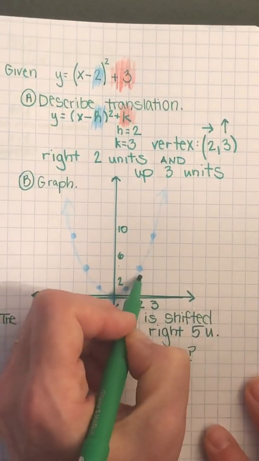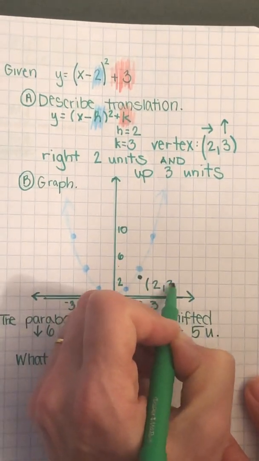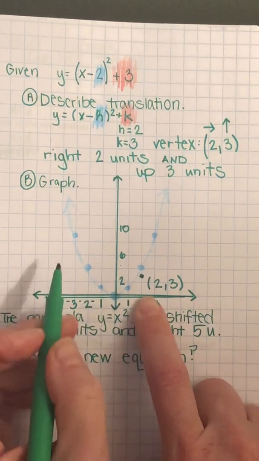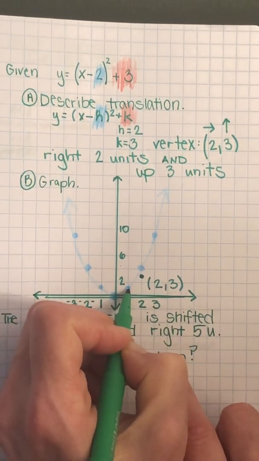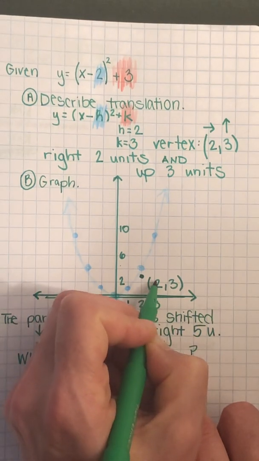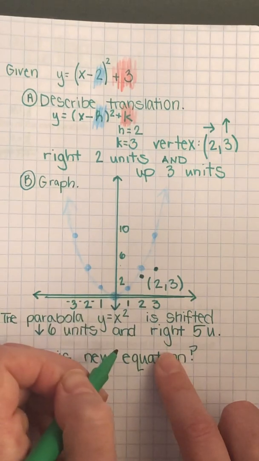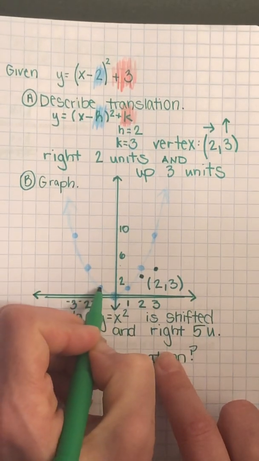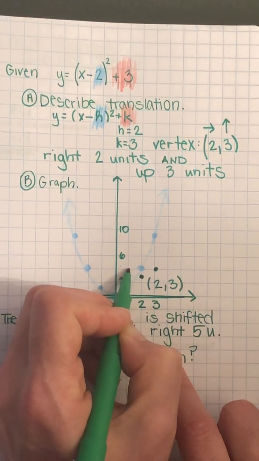And for our purposes, if you just rewrite where the vertex is at 2, 3, then Khan Academy will be happy with you, and so will I. But so we go over 2, 1, 2, and up 3, 1, 2, 3. Again, the up movement is just halves because of the way I scaled it.